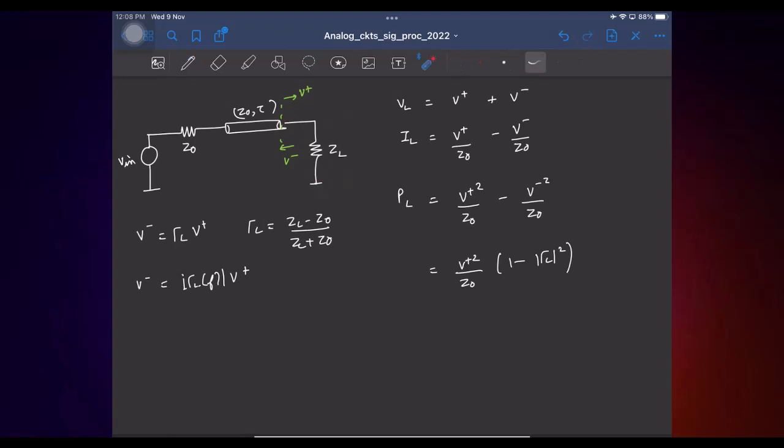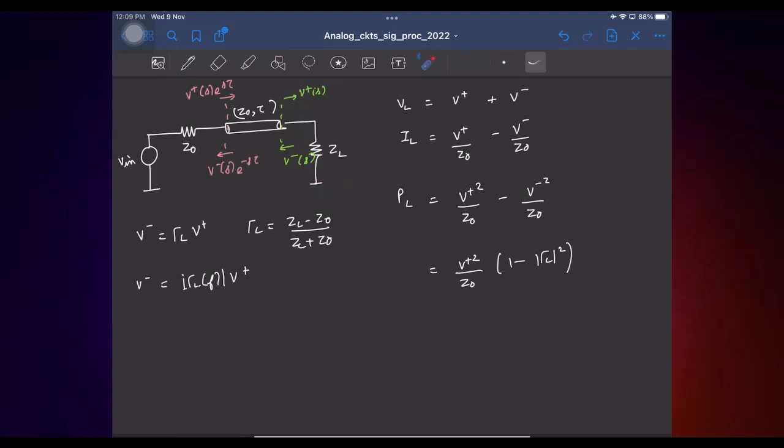Say this forward wave is V plus, and let's say this is in the Laplace domain. So what about the forward wave at this end of the line in the Laplace domain? It is e power s tau, and similarly here it is e power minus s tau.